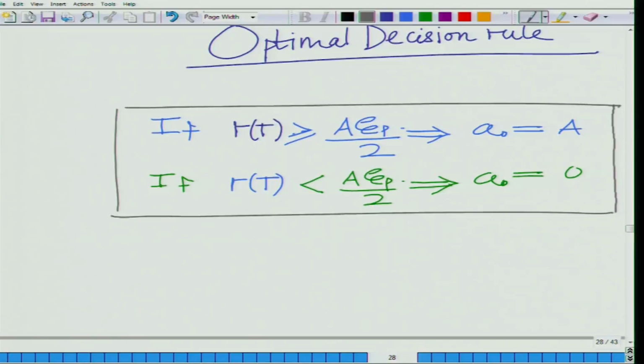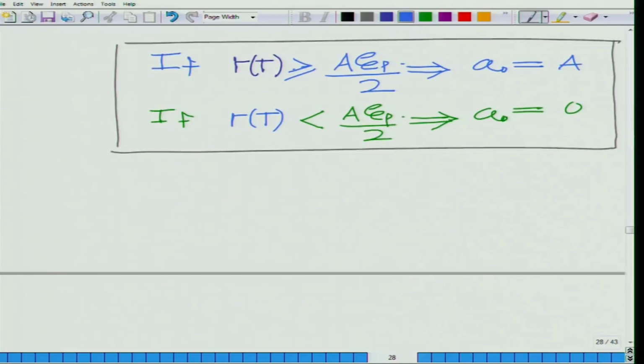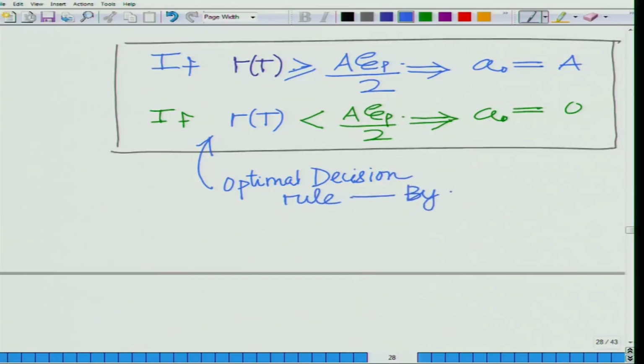By symmetry, this is our optimal decision rule, where we exploited the symmetry in the system.